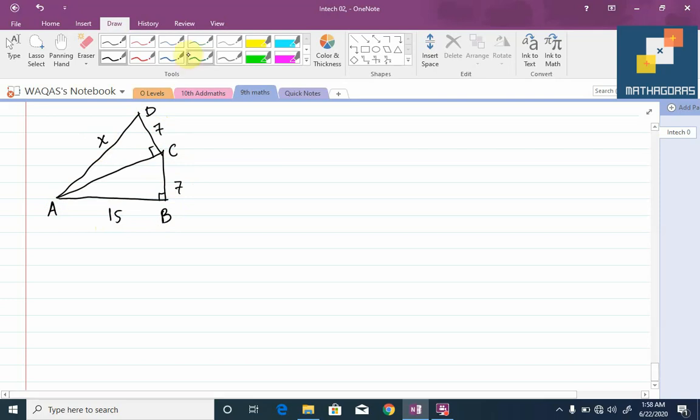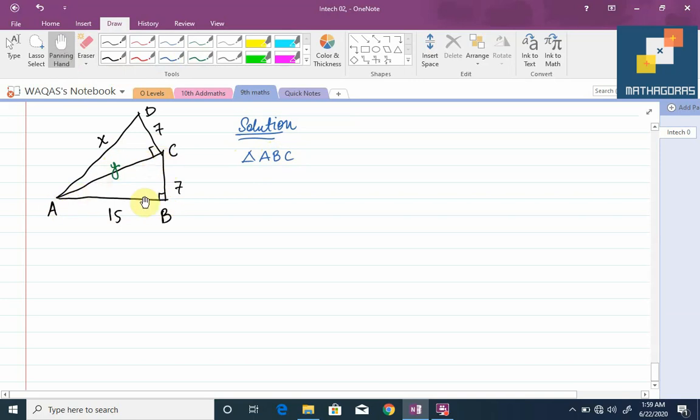Try it by yourself. At first, I am going to consider triangle ABC. In triangle ABC, the length of AC is unknown, so let's call this length y.